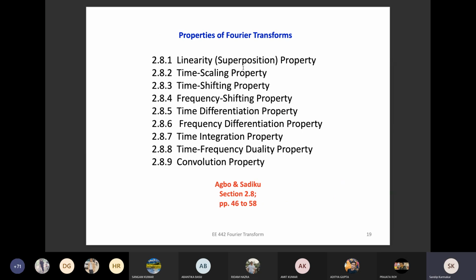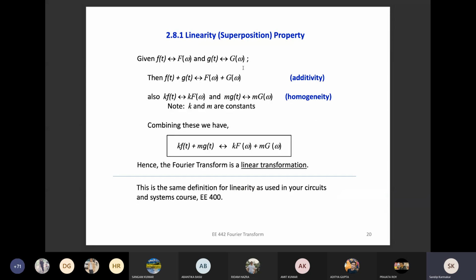Now, properties of Fourier transforms. If you have understood, then the first property is linearity.